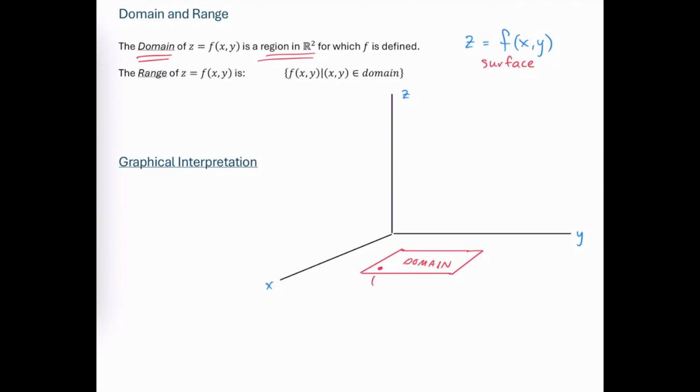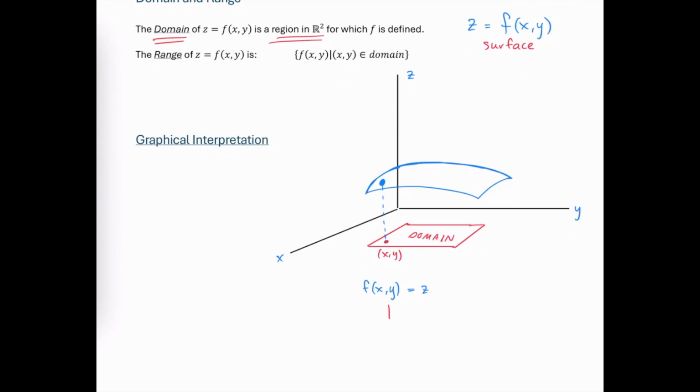Now the domain elements are xy ordered pairs within this two-dimensional region, and each of these elements would then be plugged into the surface function to yield a z value that comes out. So each of these ordered pairs is going to map to a corresponding z value that is on some larger surface up above that domain region.